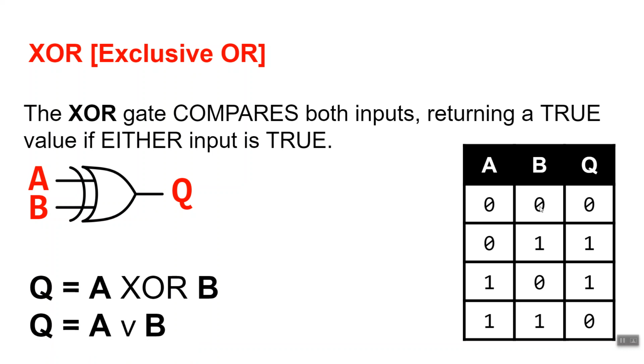A XOR B, so that's going to be false. This time B is true, so we can put a 1 there. This time A is true, B isn't, but we've still got one value, so we can put a 1 there. At this time, both are true, and this time that generates a false value because it's if either, not both, are true.